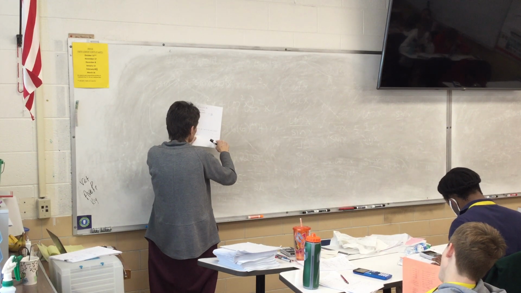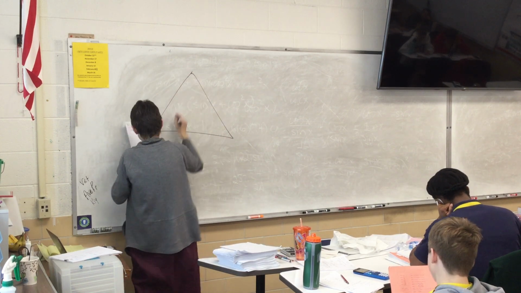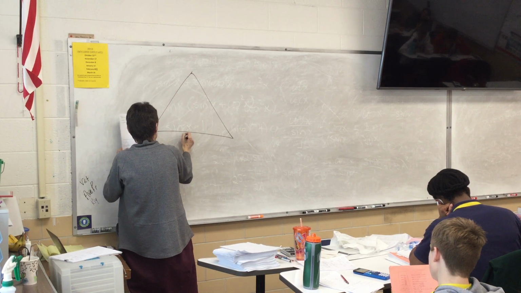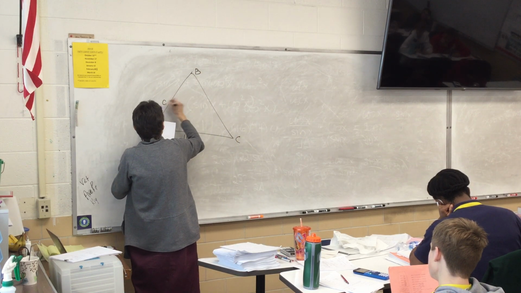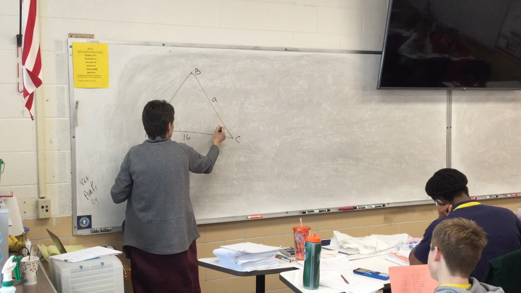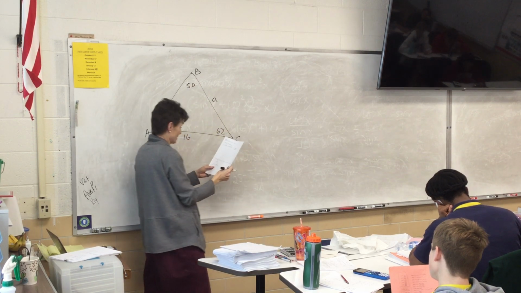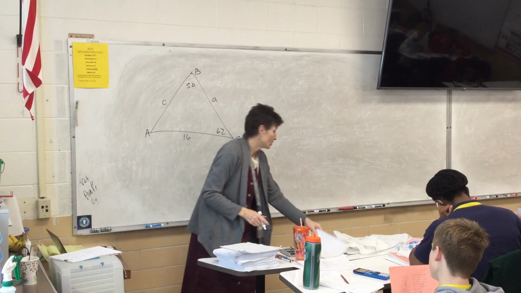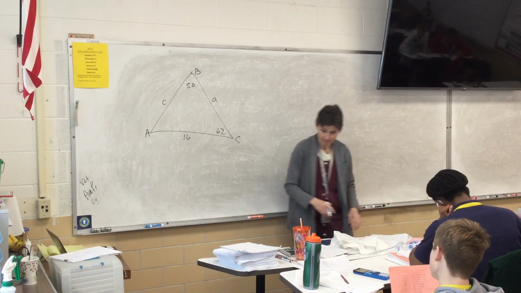See how it says over here to the side? Those are the things you need to find. So you have to look at this and decide if you're going to do the law of sines or the law of cosines. Well, how can we do sines?